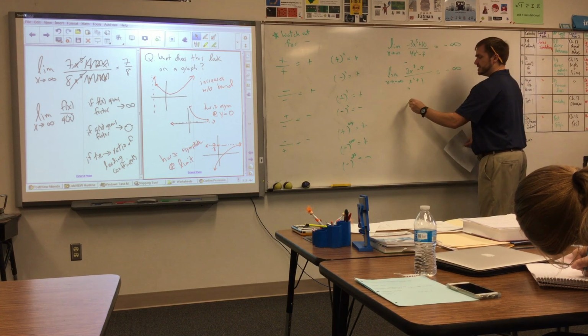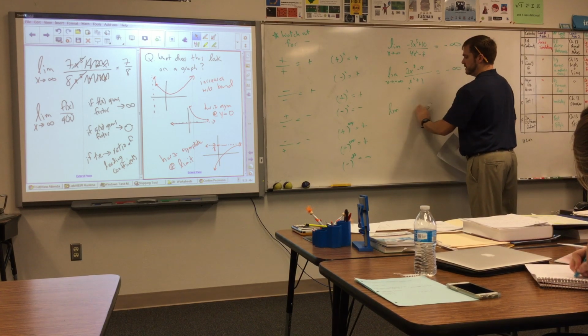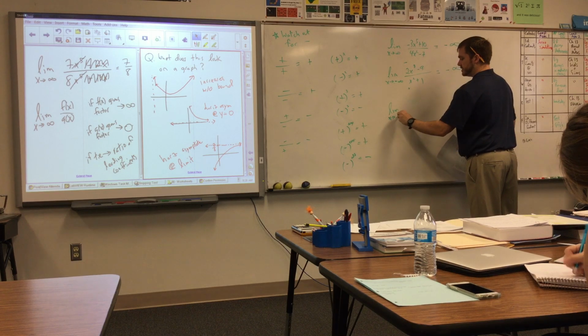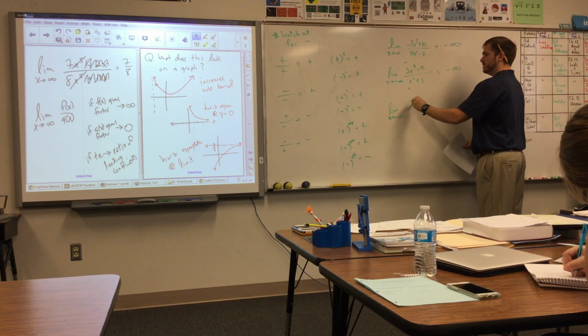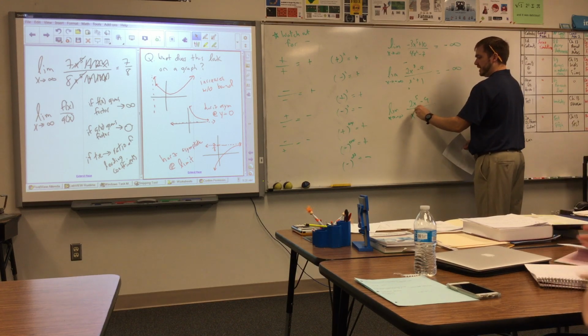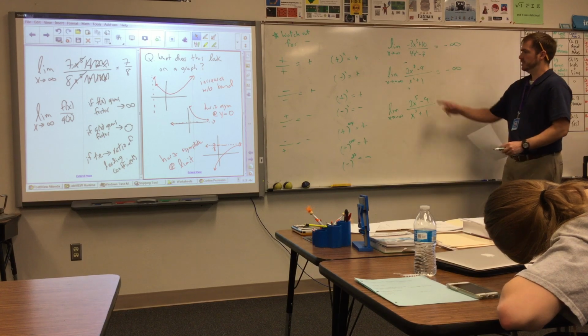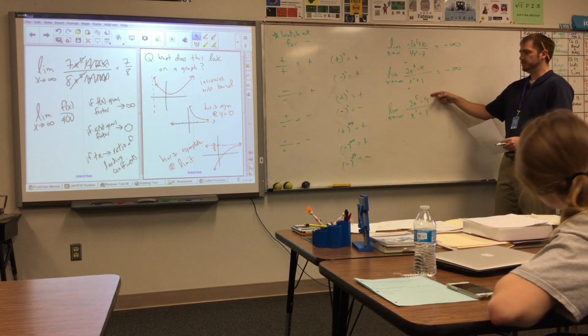If instead we had the limit as x approaches negative infinity of 2x to the 5th over x cubed, the numerator still wins, right?